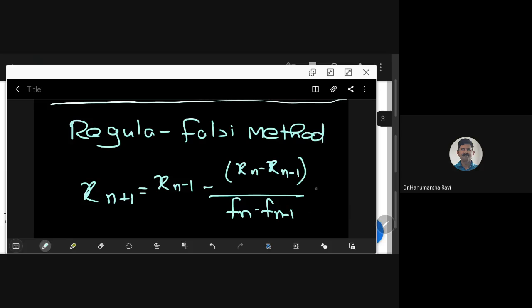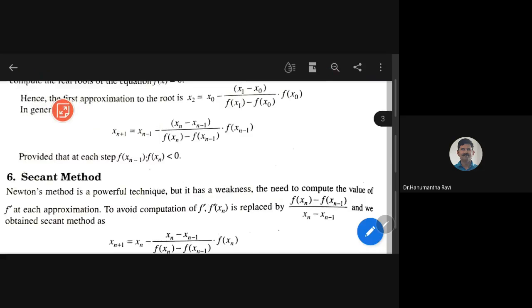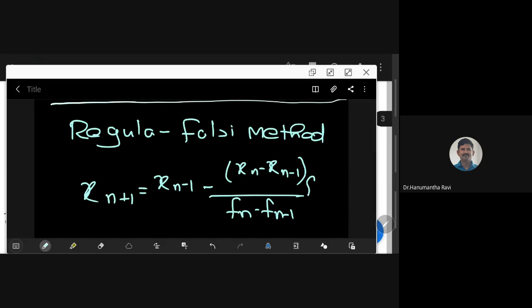I'll explain the notation. Right, this is the formula.